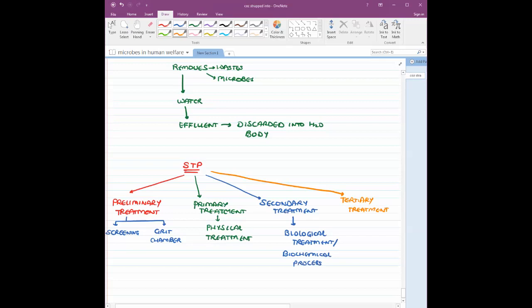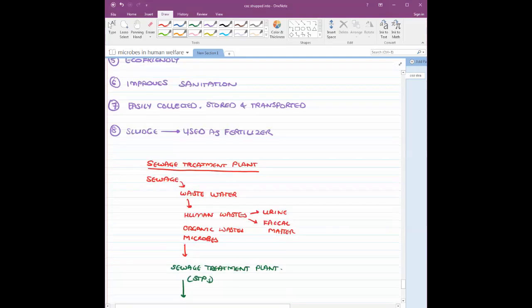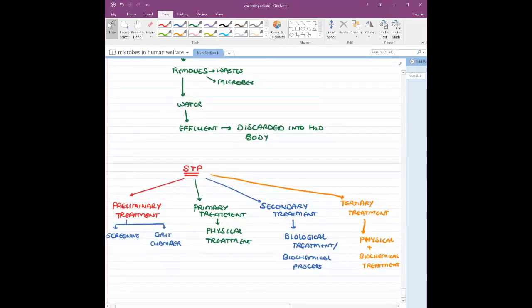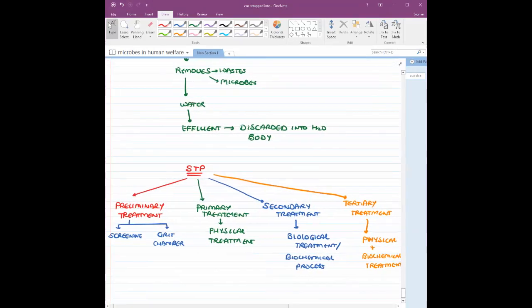And here, what are we going to tackle? We are going to tackle both the properties. So this is going to be physical as well as biochemical treatment. Okay, so this is the overall map of your sewage treatment plants.